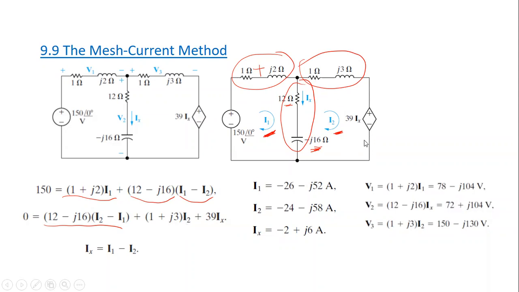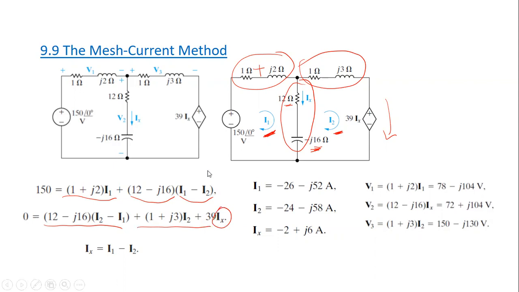And here, the last component, we are going from the top to the bottom. So we are going from plus to minus, and from plus to minus is voltage drop. So it will be positive. So plus 39Ix. As you see, we have two equations, but we still have a third variable, Ix.